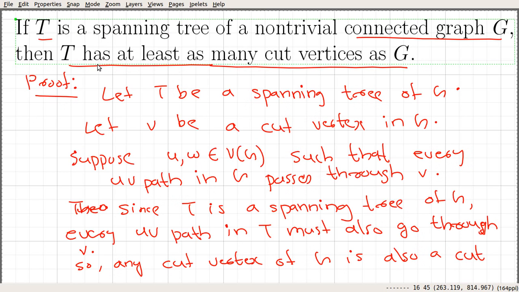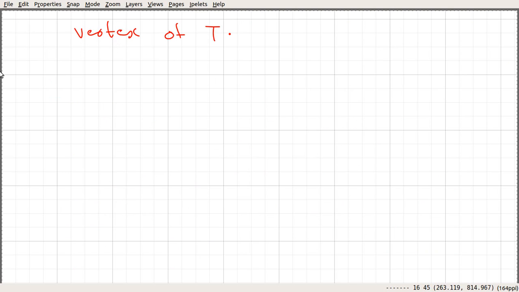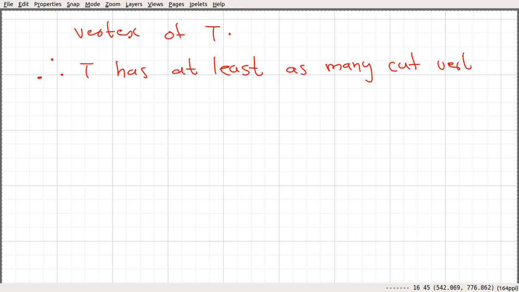So that says T has at least as many cut vertices as G, and that's the proof for this statement.